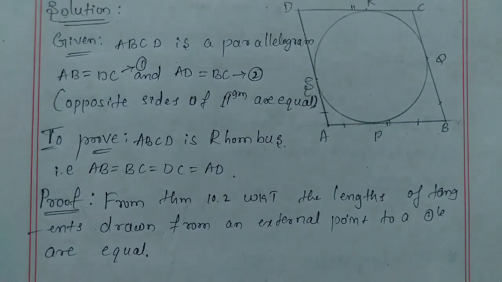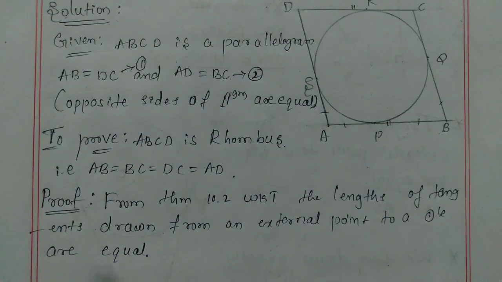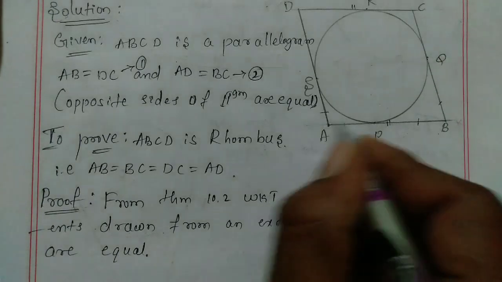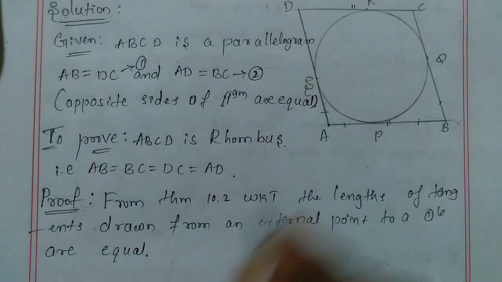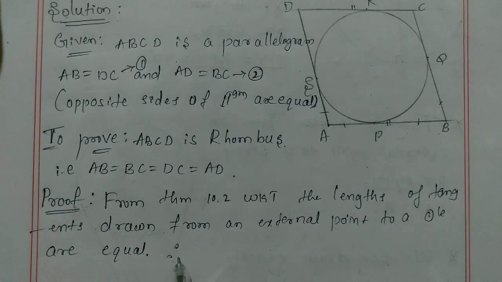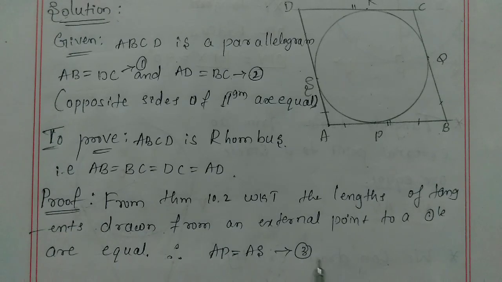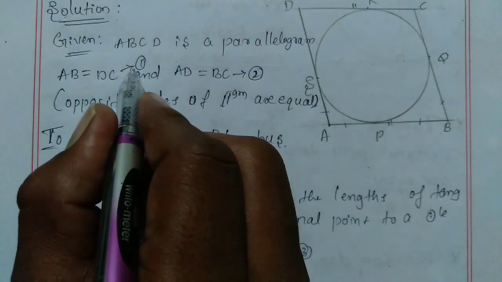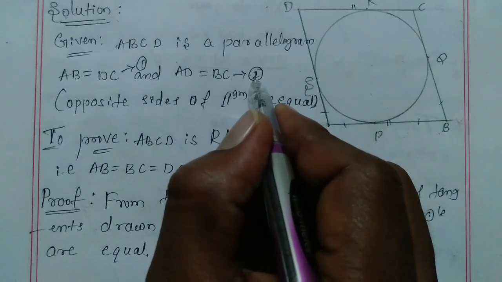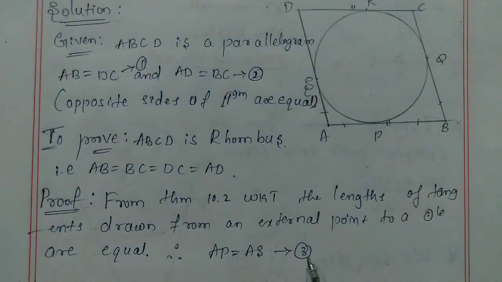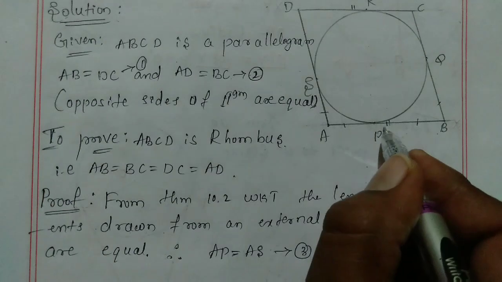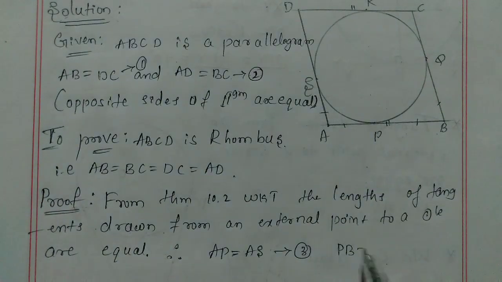Okay. So now I will write here from this theorem AP is equals to AS, I will write. Okay, so therefore AP equal to AS. I will call this one as 3. Okay, because already I given here this is first equation and this is second. Okay, next I will write here 3, and next PB equal to BQ.